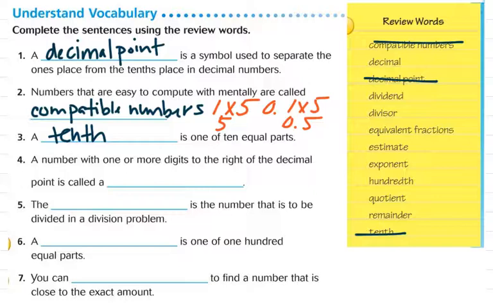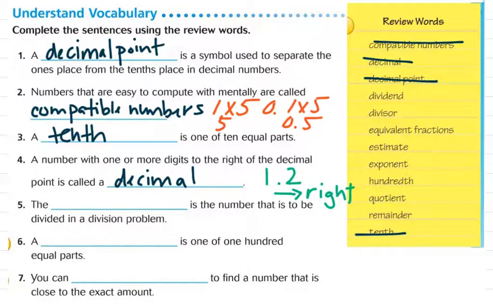That one's kind of confusing because it's straightforward, but remember, if you have a number where it says 1 and then there's a decimal point and then there's numbers to the right, we would consider this to be a decimal, not a whole number.